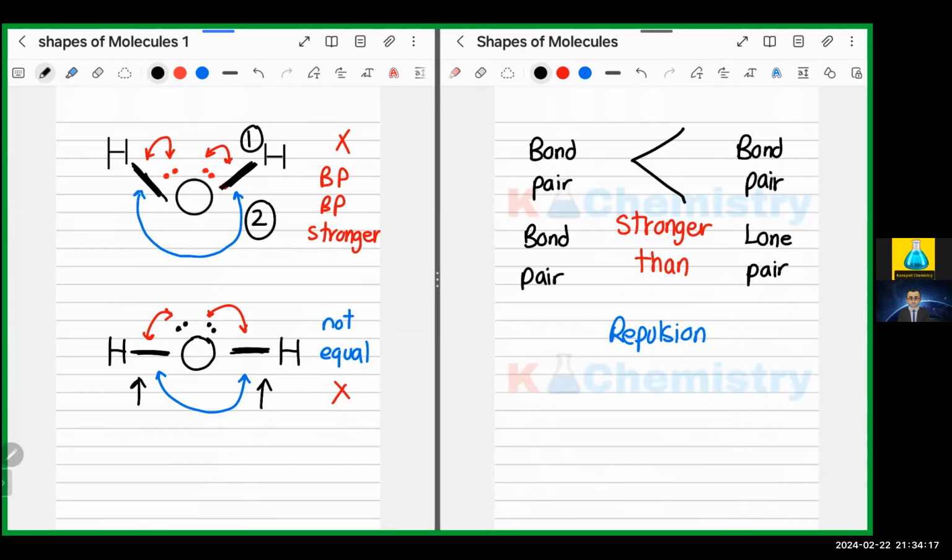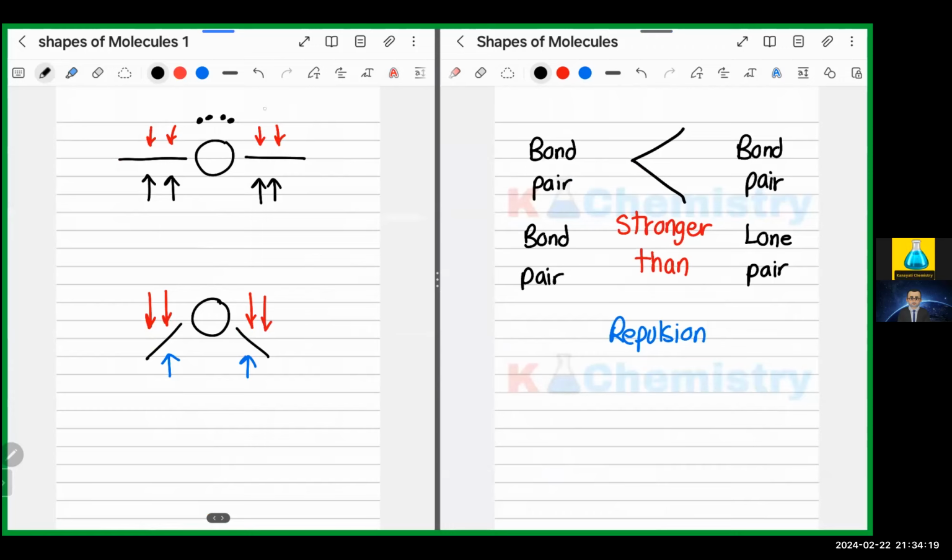up. So I have pushing from up here due to the repulsion between these ones and the bond pair, and another repulsion going from down because of the repulsion between this bond pair and this bond pair. But which one is stronger? Is it the first one or the second one? Because the repulsion from the top is higher, the repulsion between this bond pair and lone pair and this bond pair and lone pair, so number 1 is stronger than number 2.